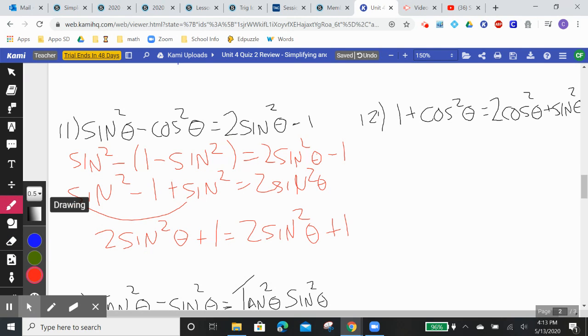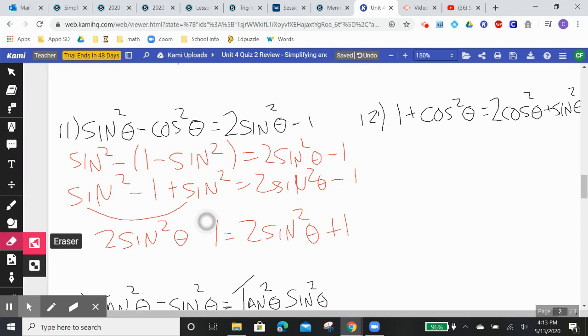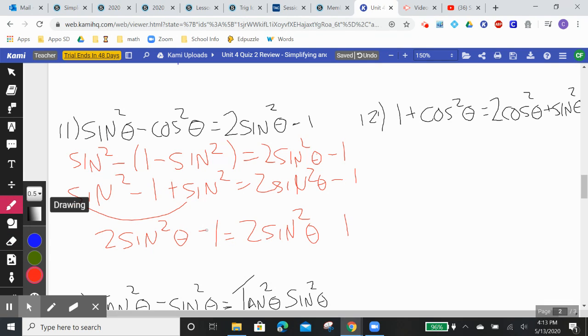I'm sorry, I did my math wrong. This is not supposed to be a plus, nor is there a plus on this side. That's where I think I made a mistake. It's a minus 1, so it's minus and minus. Check. Okay. A couple more to go here.